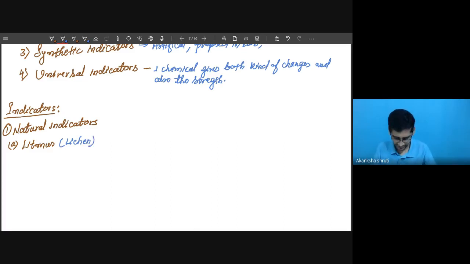We will tell you about it in a little detail. So it is the lichen juice basically. Lichen is a Thallophyta plant. It is basically the symbiotic relation of algae and fungi.